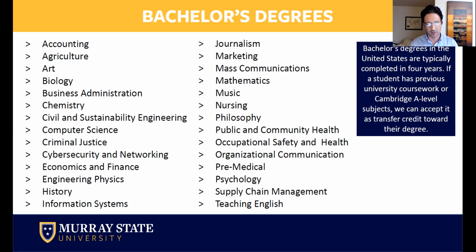Students will take these courses usually for the first year to the first year and a half of their study here. Then once they get into their second year, third year, they really start to focus in on their major. So by the second year and third year, students will be taking many courses in their major or their concentration.